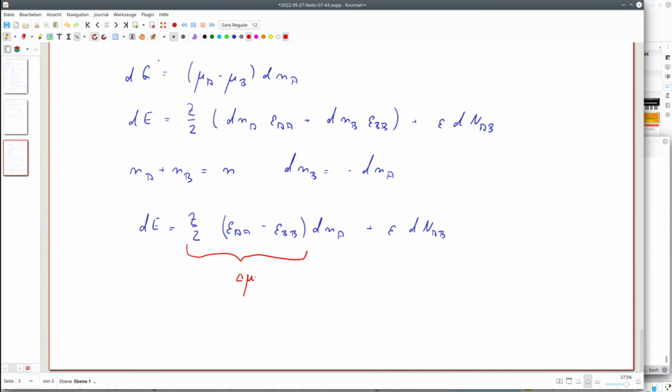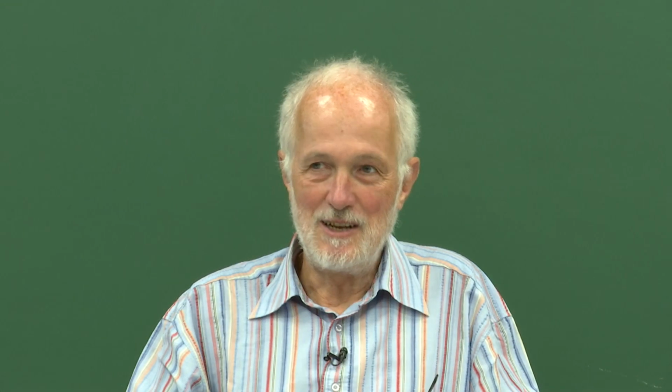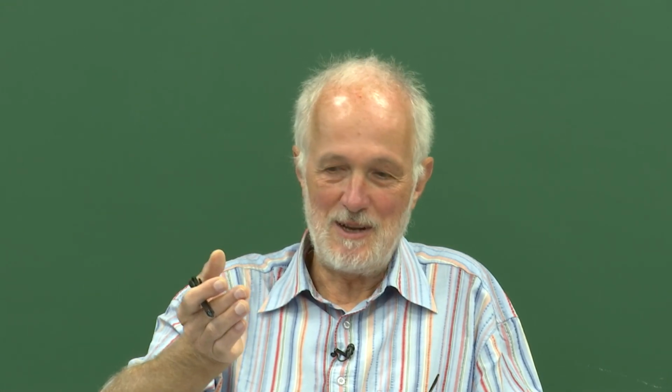You just add a further energy term here, which resembles this asymmetry energy, but I think this is more by chance. So you just use this delta mu as a parameter. You give this parameter, and now you change the number of A atoms.